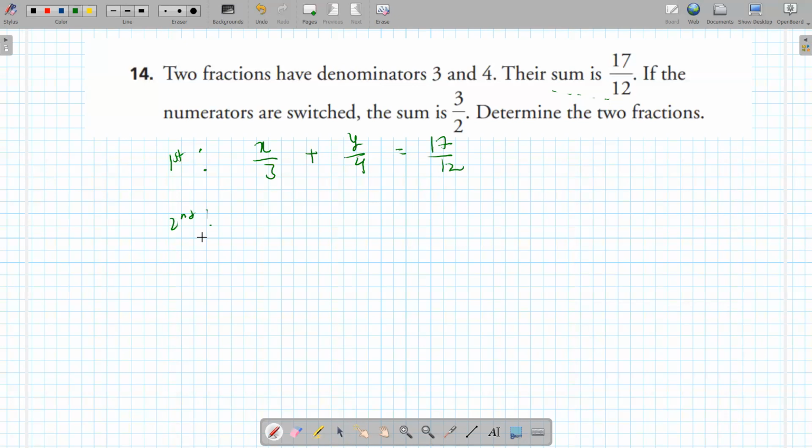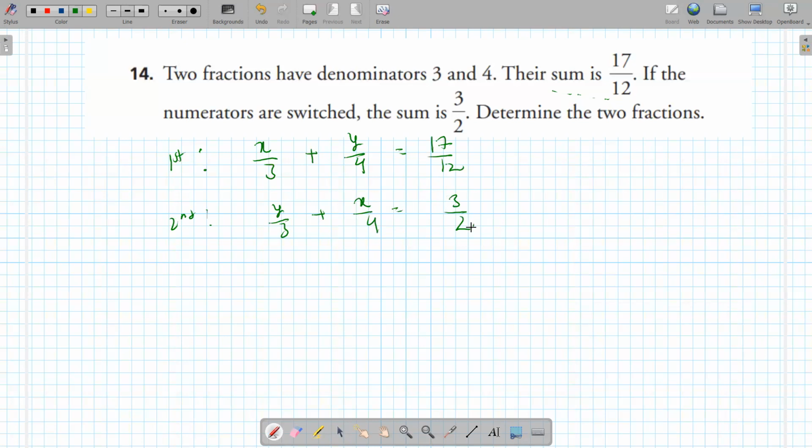Now look at the second equation. It says if the numerators are switched, that means x becomes y and y becomes x, their sum is 3 over 2. What's the second equation? y over 3 plus x over 4 equals 3 over 2. So now you have a system of linear equations.